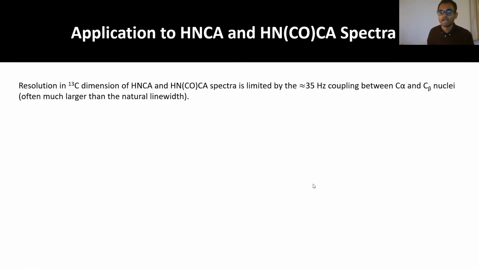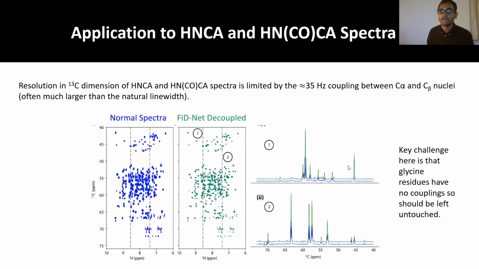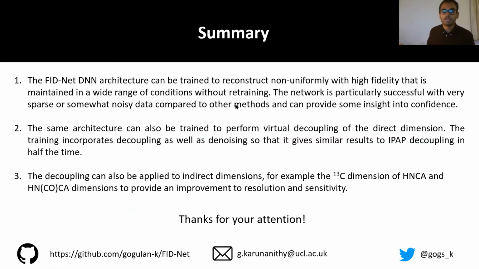In this case, the challenge is that everything has a C alpha C beta coupling except for the glycines, and those we want to leave unmodulated, whereas everything else we want to decouple. And you can see the glycines are left alone, whereas we decouple everything else quite well, even the very low intensity peaks.